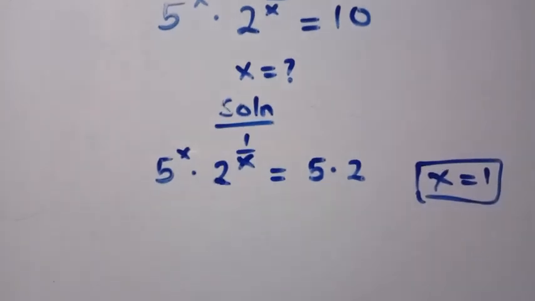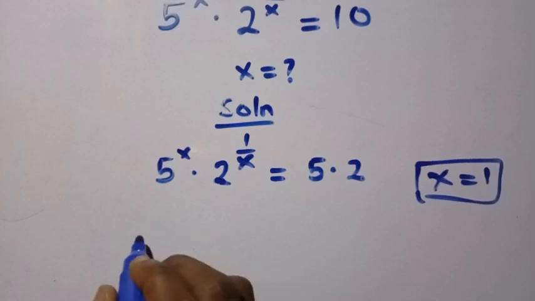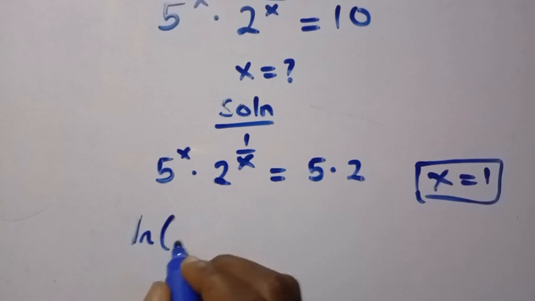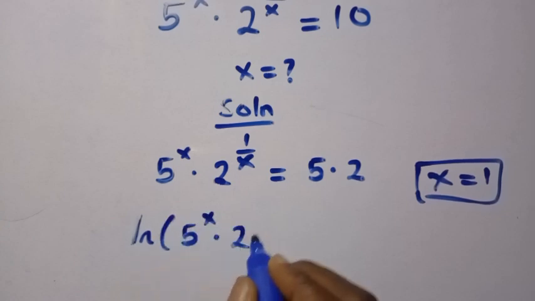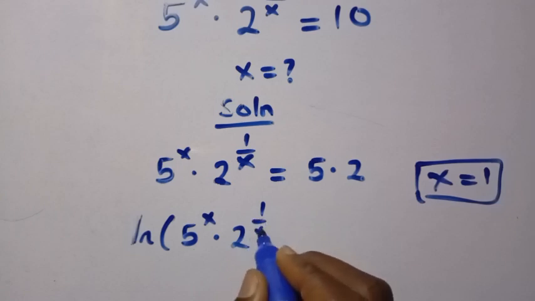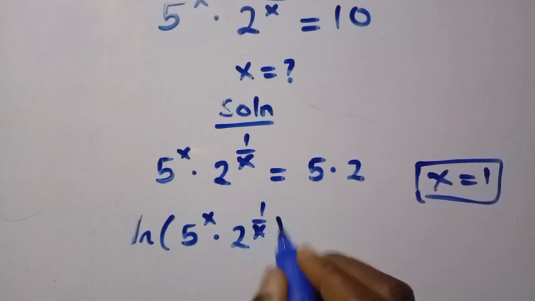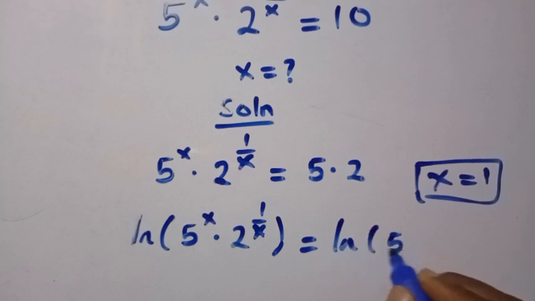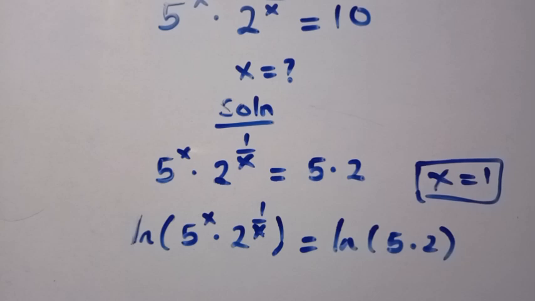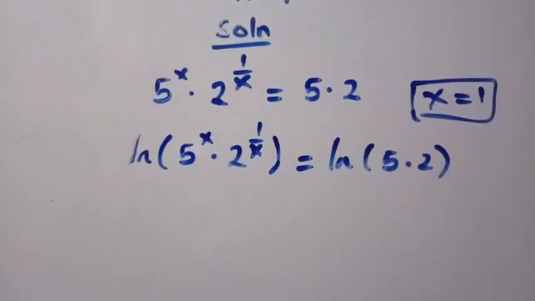Here, let's try and introduce logarithm to both sides. Suppose I take the ln of both sides. So we have ln of 5 power of x multiplied by 2 power of 1 over x equals ln of 5 times 2. By this, we can apply the rule of logarithm.